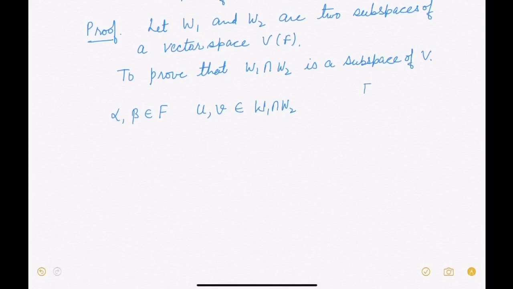As you know, our aim is to show that alpha U plus beta V belongs to W1 intersection W2. This is our aim.